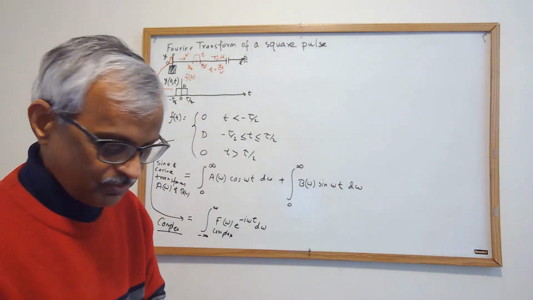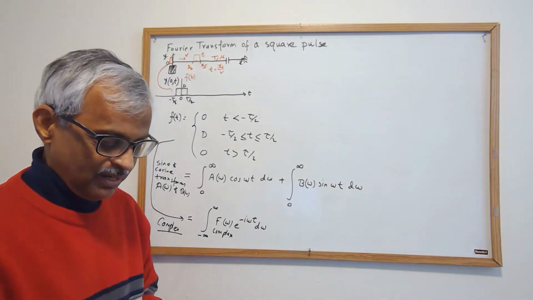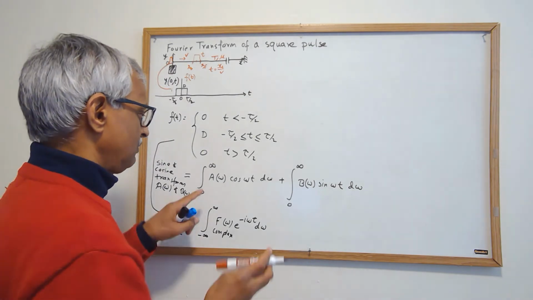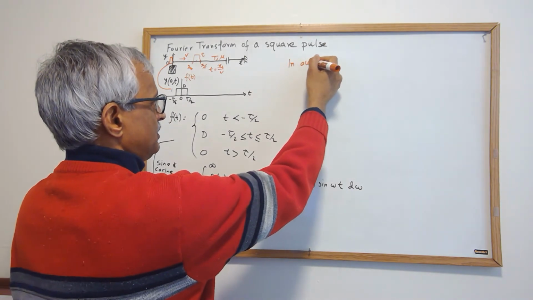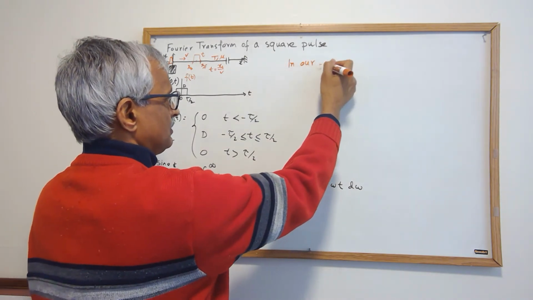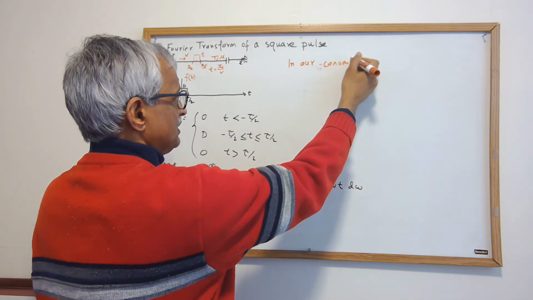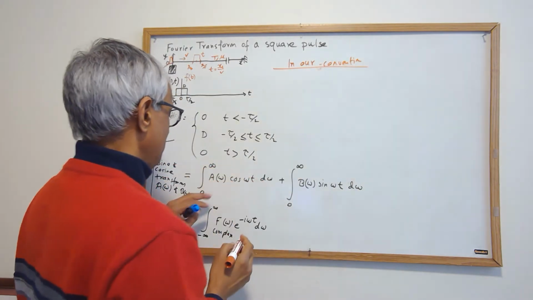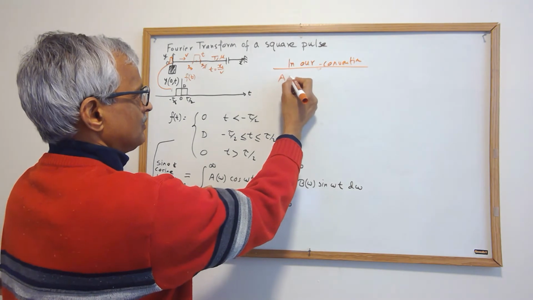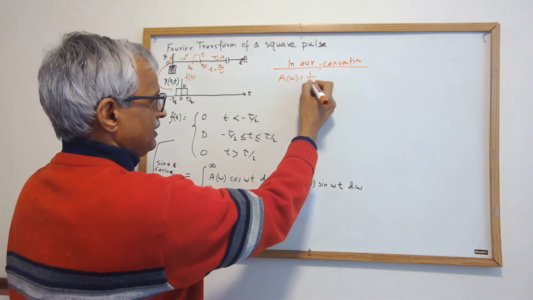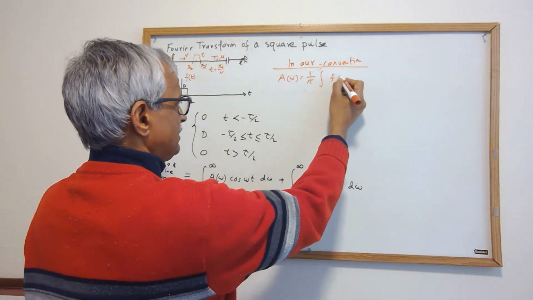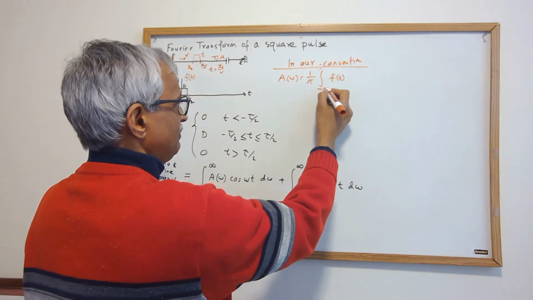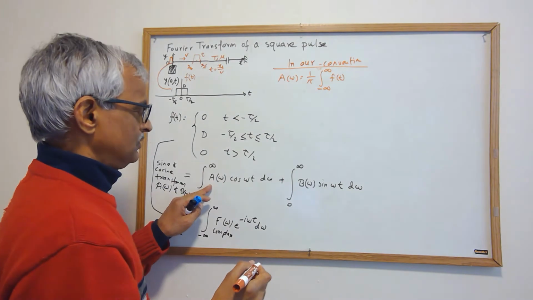You may remember that there are factors of pi, etc., that we have to be careful with. So in the convention that we're using, a of omega has a factor of 1 over pi here, and it has the integral of f of t from minus infinity to infinity.